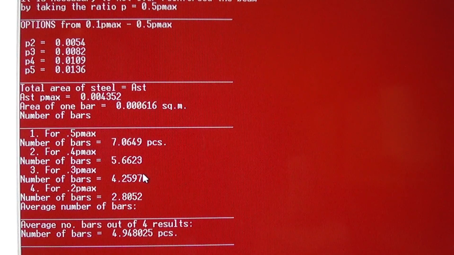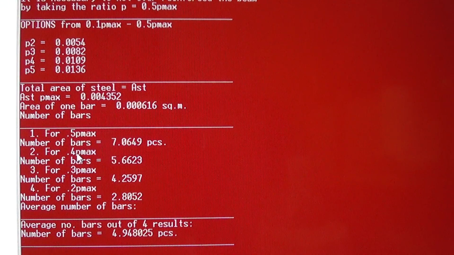If the capacity is less than 1171.08 maximum moment, then this is safe. Even this bar here. So I'm just showing you the breakdown of the options that you can do in designing reinforcement. For 0.5 P max, 7 bars.